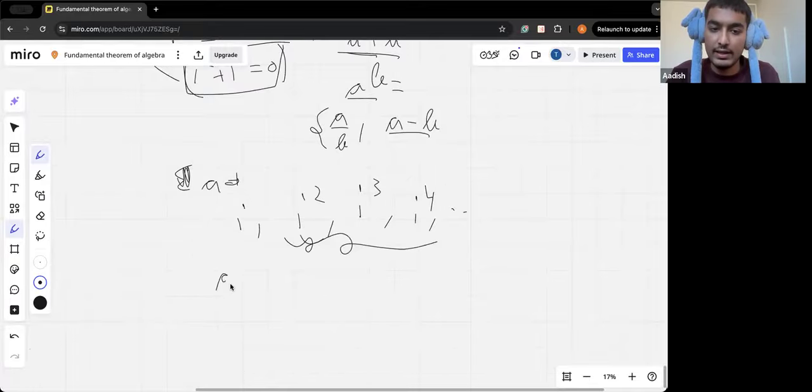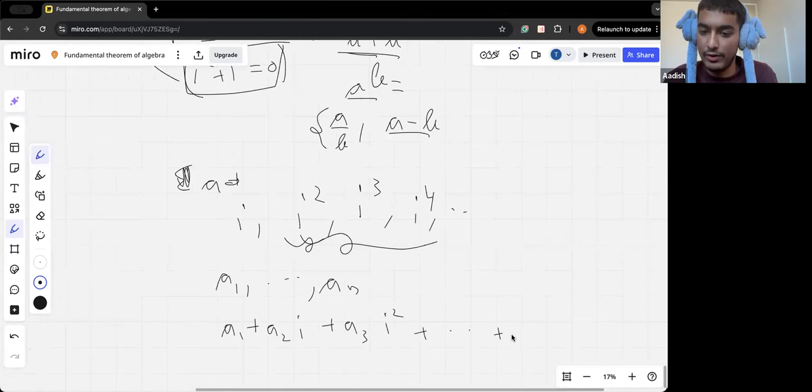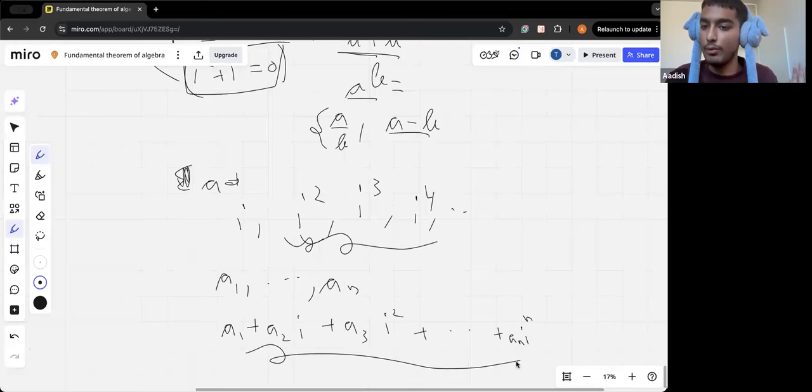So we know if a1 to an are real numbers, then a1 plus a2 i plus a3 i square plus all the way to an i to the n, we know that all numbers of this form should exist in C, right? We have not gone to division yet.